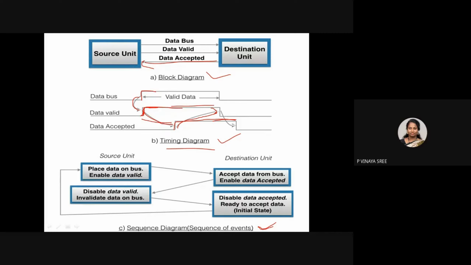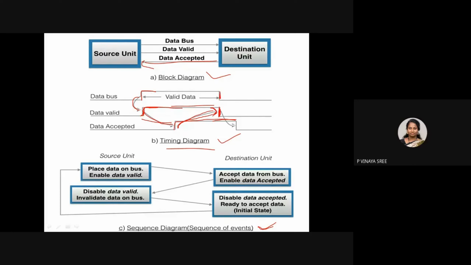See the timing diagram and tell. It should disable the data on the data bus. Yes, very good. So it has to disable the data valid control signal, and it has to disable the data from the data bus.